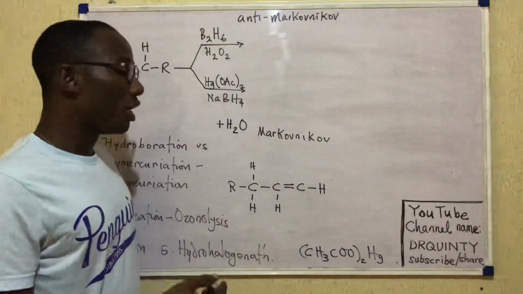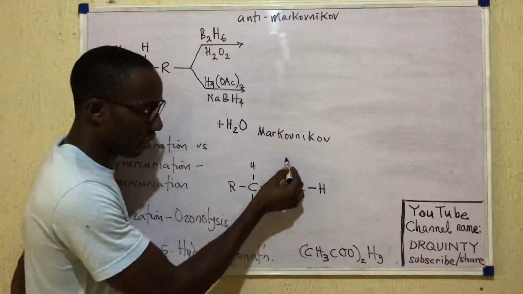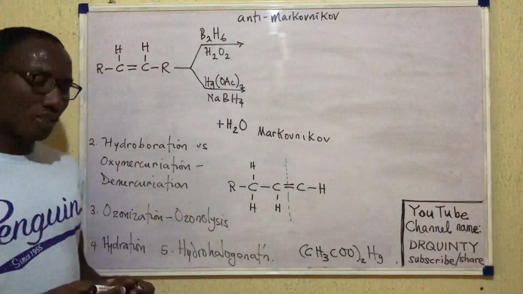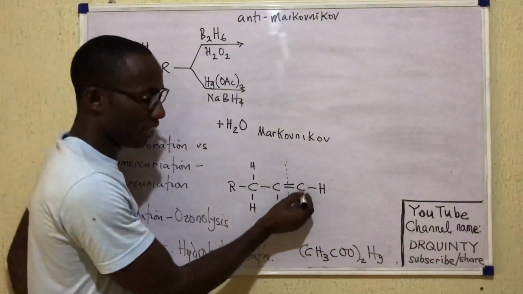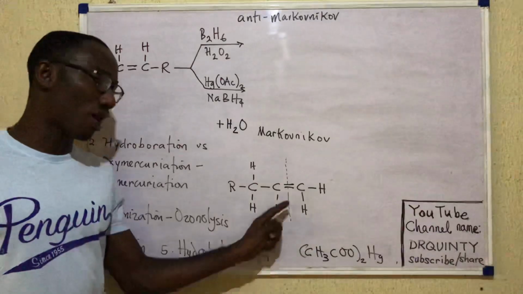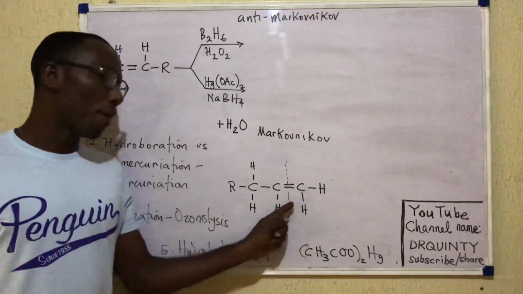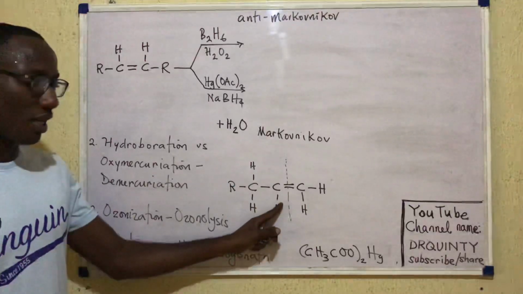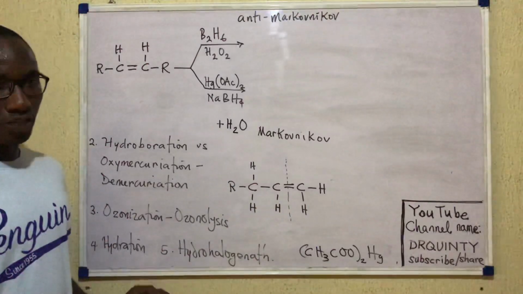I'll tell you. If you cut along the double bond here, check the resulting right and left parts of the alkene and you'll see that they are different. In that on the right, what you have is just CH2, but on the left, you have a whole lot of atoms. We say an alkene like this is asymmetrical.